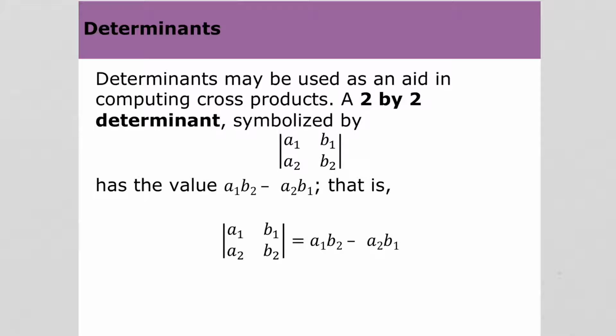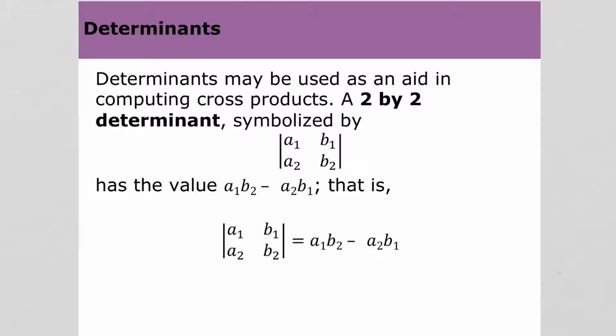We're going to talk about something called determinants. And the cross product can be done with determinants also. And it's a little bit easier to see it with determinants. Here's the reason.